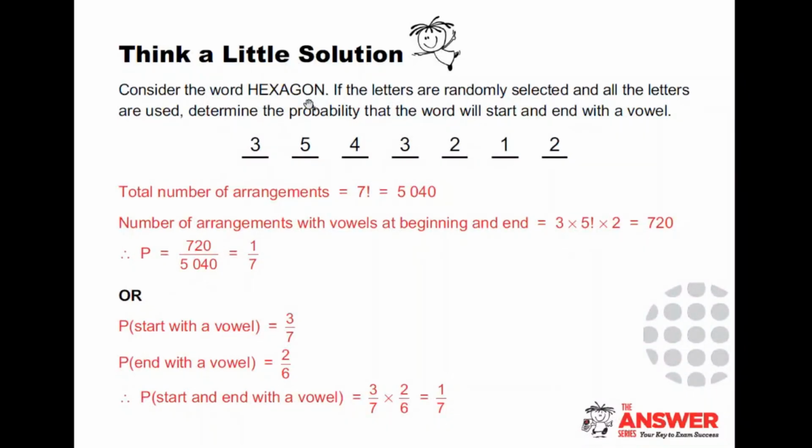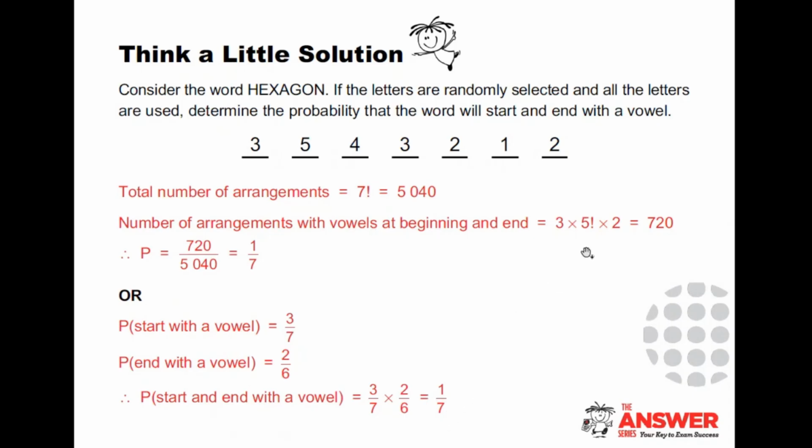How many letters do I have left? Bearing in mind that 1 is gone in the beginning already, there's 6. So the probability that it will end with a vowel is 2/6. So what's the chance that it starts and ends with a vowel? It's 3/7 times 2/6. Same answer.